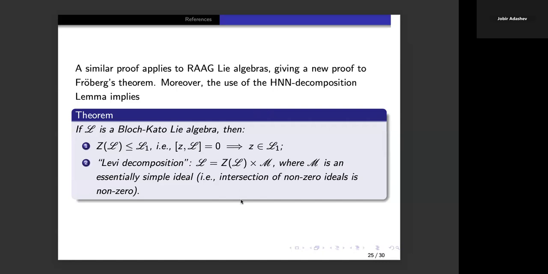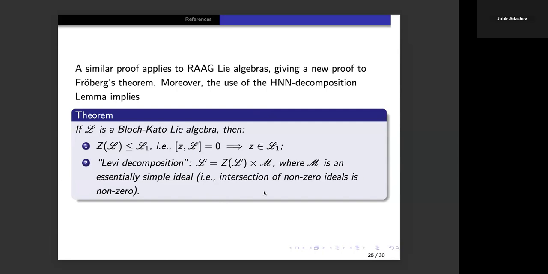And in particular, it follows, let's say, a Levi decomposition of any block-Cato algebra into an abelian term direct product with an essentially simple ideal. So centerless block-Cato algebras are essentially simple.